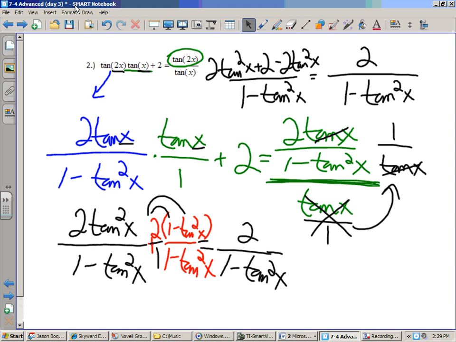Because what can now happen with this numerator right here? Oh yeah, cancel. 2 tangent squared minus 2 tangent squared cancels, and you are left with 2 over 1 minus tangent squared.